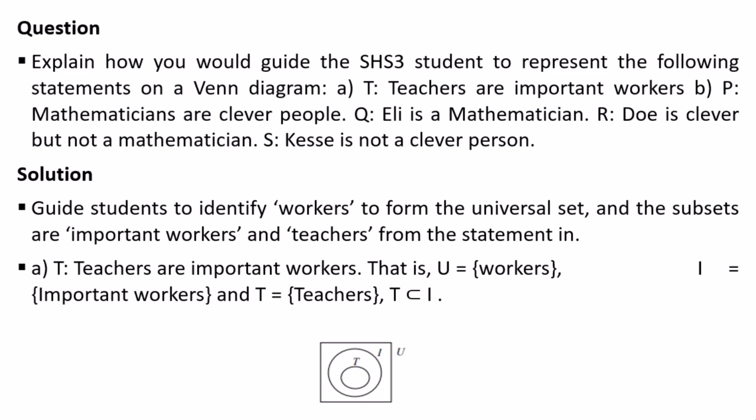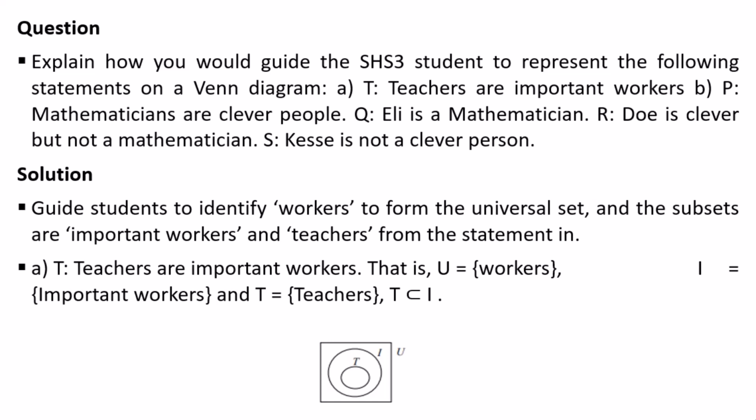We can also explain how you will guide your SHS 3 students to represent the following statements on the Venn diagram. T: Teachers are important workers. P: Mathematicians are clever people. Ellie is a mathematician. Doe is clever but not a mathematician. Casey is not a clever student or a clever person.